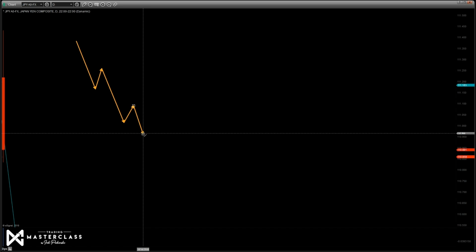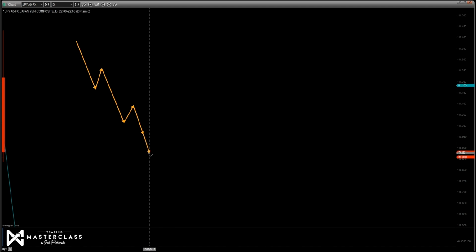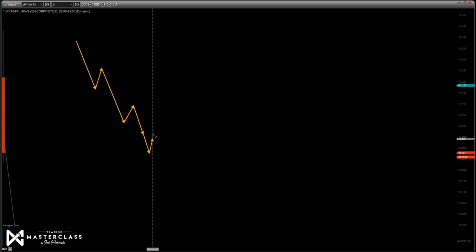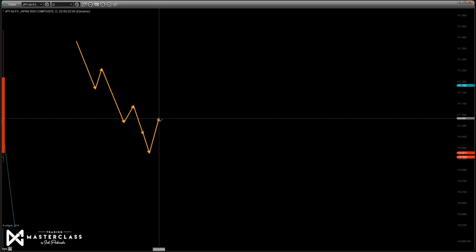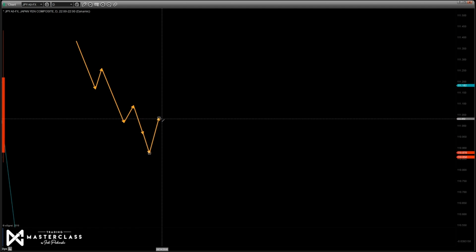Then the new day continues the bearish run on an intraday time frame, and eventually midway into the day, maybe 12 hours into the day, it goes up.